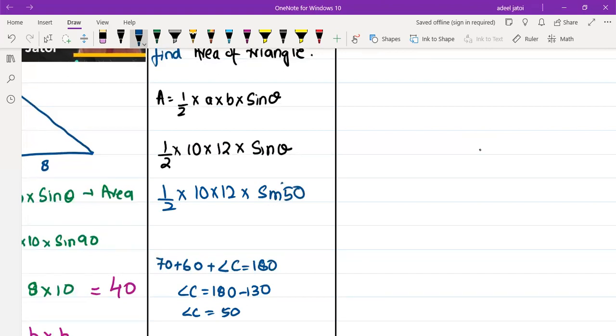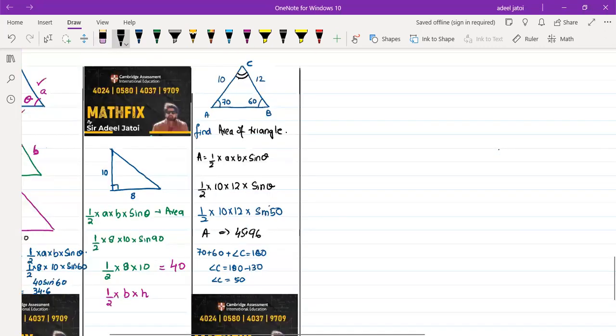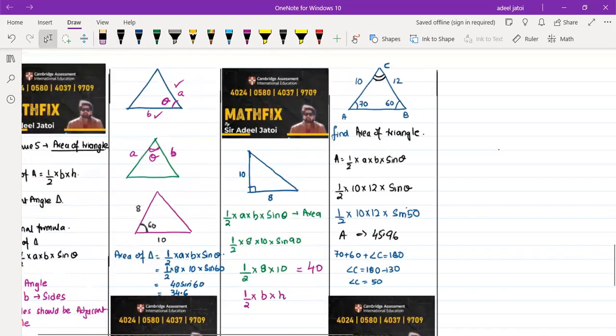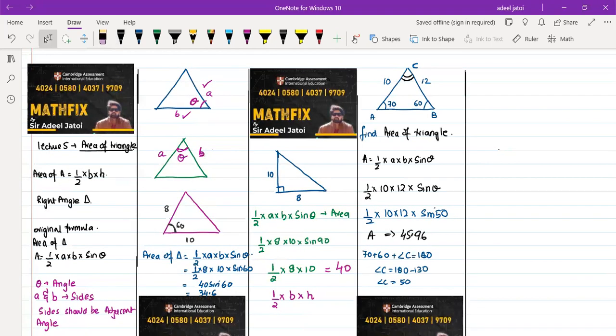The answer for the area, using the calculator, will be 45.96. So the area for the triangle will be 45.96.